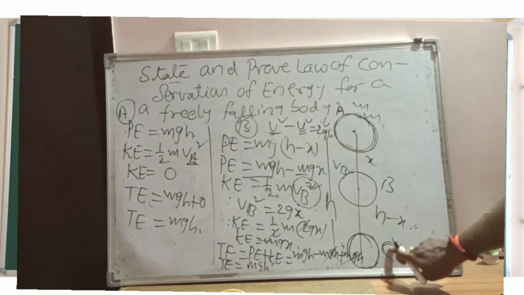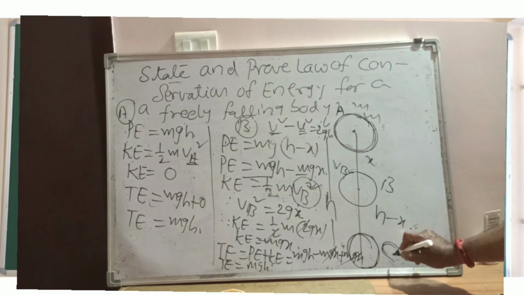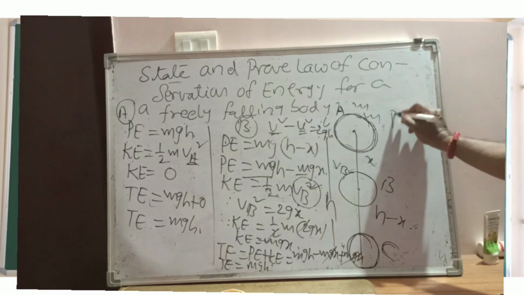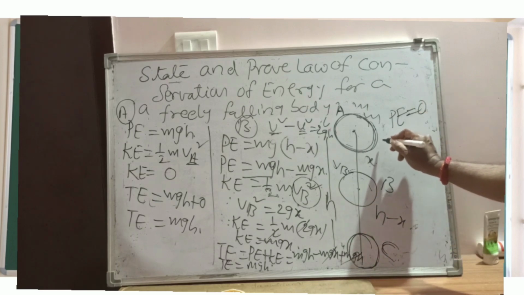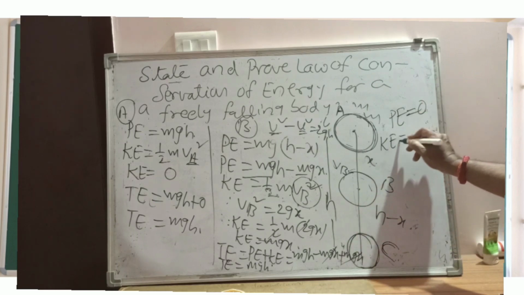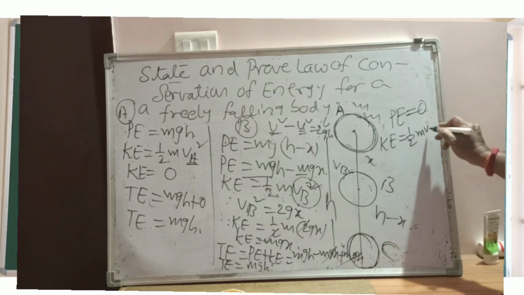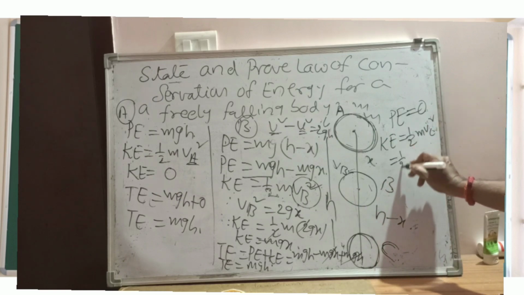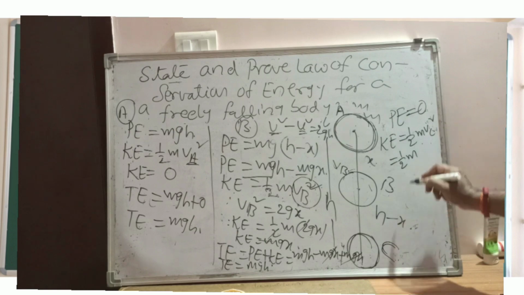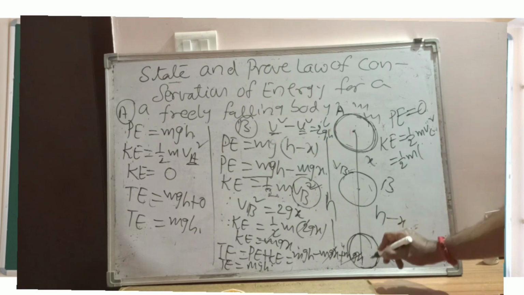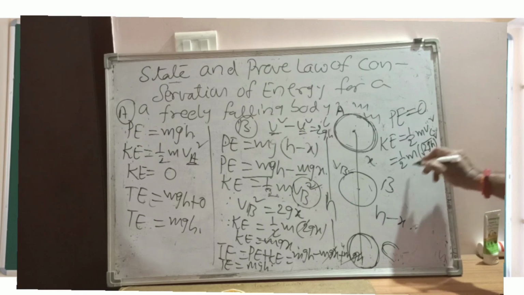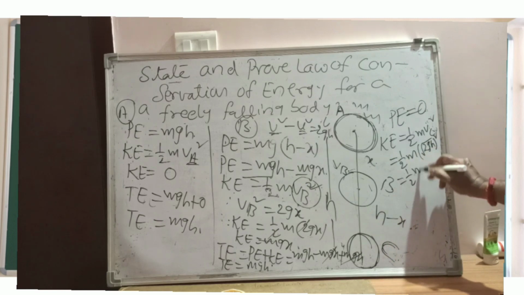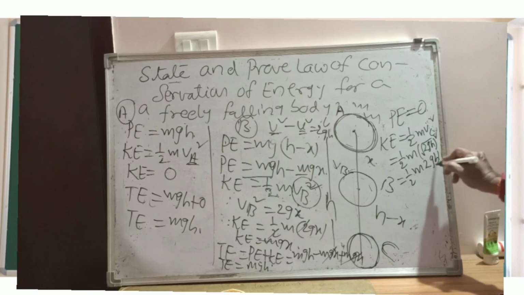Whereas at the point C, kinetic energy is maximum, the potential energy is almost zero because the height of the object is zero. Therefore, kinetic energy is equal to 1 by 2 m vc square. Therefore, 1 by 2 m into vc, which is root 2gh, squared. Therefore, 1 by 2 m into 2gh. If 2 gets cancelled, mgh.